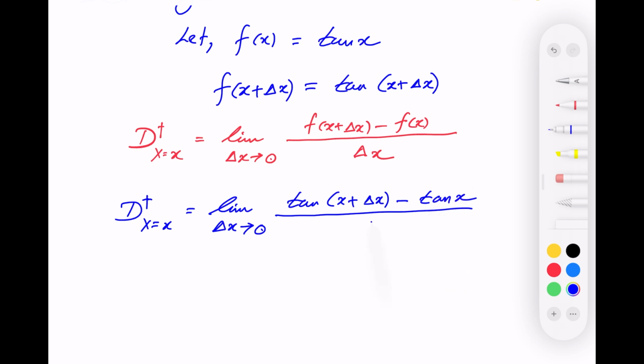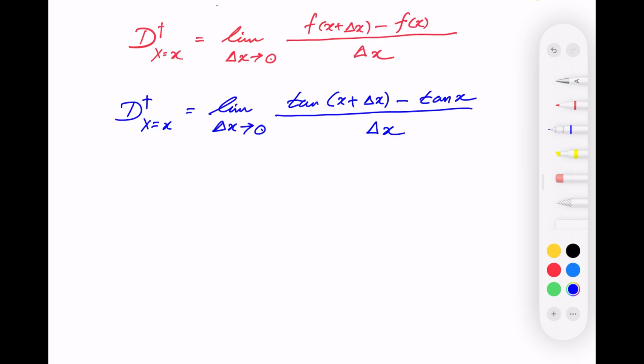In the denominator, we have a delta x. For most of the textbook proofs of tangent differentiation using the first principles, they convert both of these tangent functions into sine and cosine functions, and then they do some further simplifications.